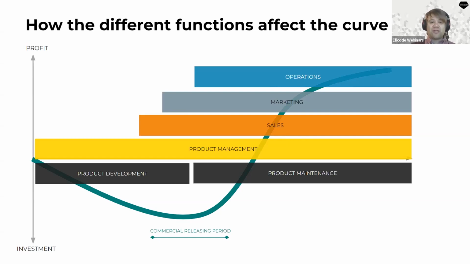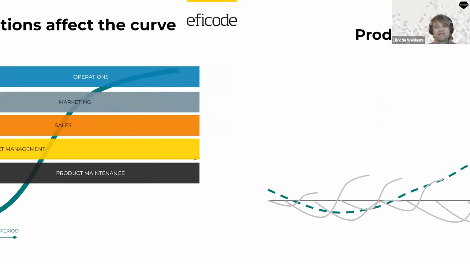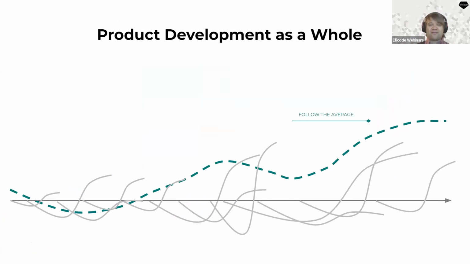And why I'm showing this is that it highlights that the success of the curve is about collaboration between these different roles. It's never about product development or product management or sales or marketing only, but about them together. And one more thing I want to show is that every organization really should be full of these curves.